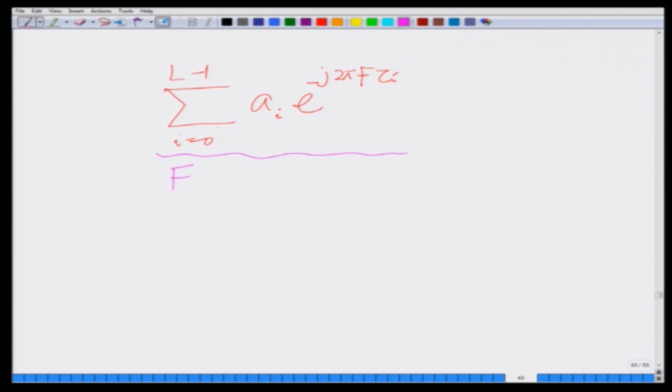What is this? This is the Fourier transform of h of t, the Fourier transform of the channel response. This is basically our h of f.